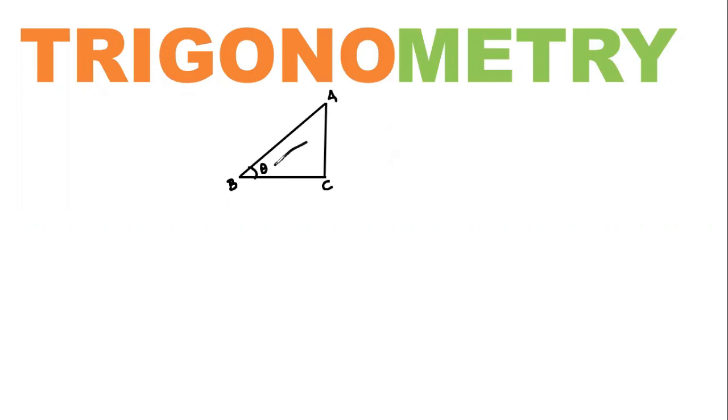The side opposite to B will be called perpendicular, or it is also called opposite. And the side adjacent to the angle of reference, that is B, is called adjacent, or it is also called base. And the side opposite to the right angle is called hypotenuse.